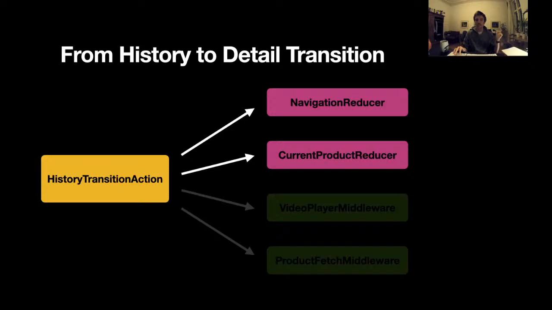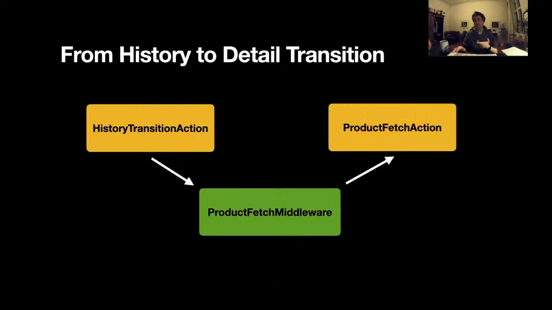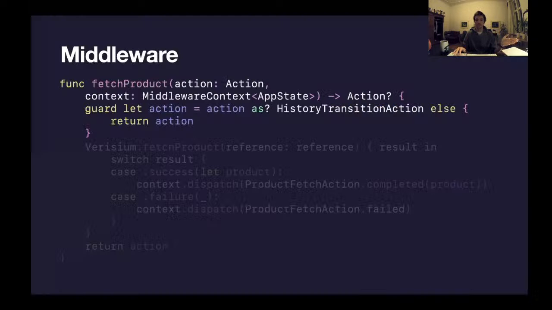And second, you also want to fetch products on this particular screen, right? So the middleware gets this action and does some fetch, and then it sends a product fetch action. So that's how it looks.